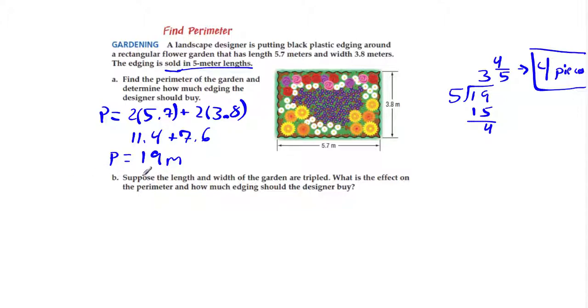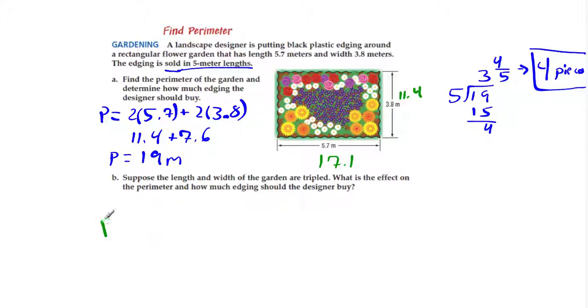Now for the second part, suppose that the length and the width of the garden are tripled. What is the effect on the perimeter, and how much edging should the designer buy? Well, let's figure that out. If I triple the length and the width, 5.7 times 3 is 17.1, and 3.8 times 3 is 11.4.